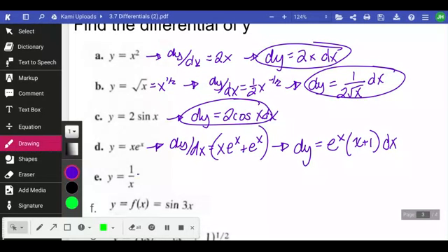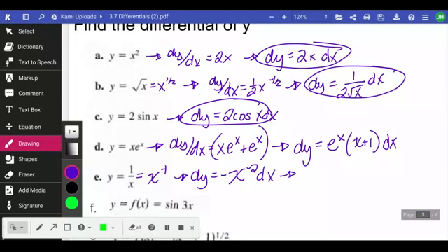On the next one, I am going to rewrite it as x to the negative 1 to help me with my derivative first. So then I will have dy is equal to, and the derivative of x to the negative 1 is, multiply in front, subtract 1 from the exponent.